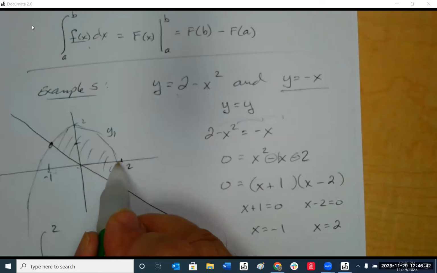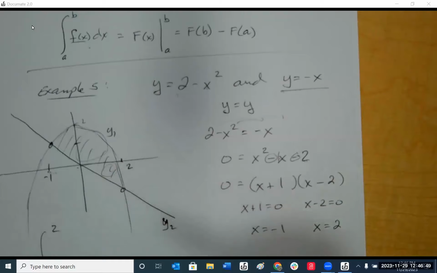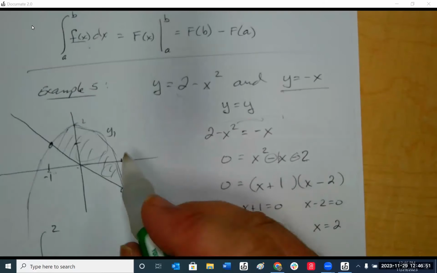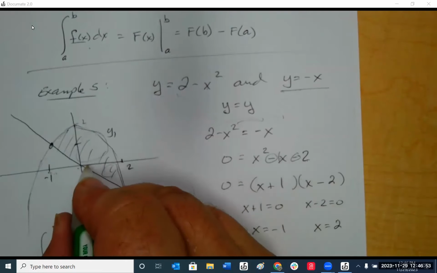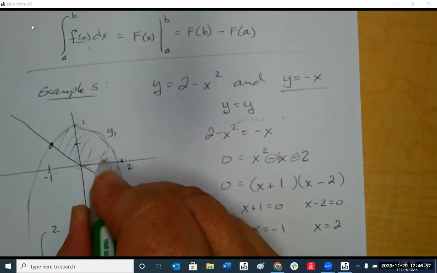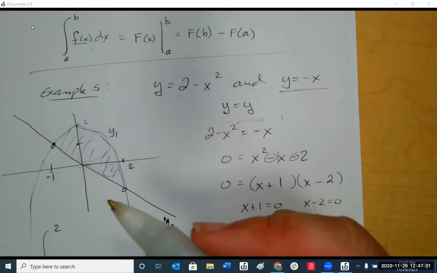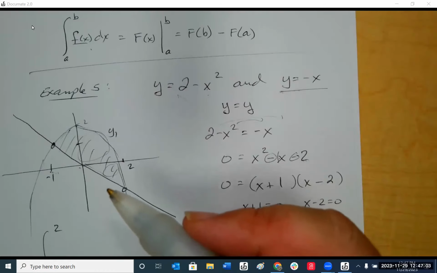Or we can find all of this one, and then we can add this other one. Because you see what's going to happen here, since these values down here are negative, they're going to add to make the values the same. See what I'm saying?